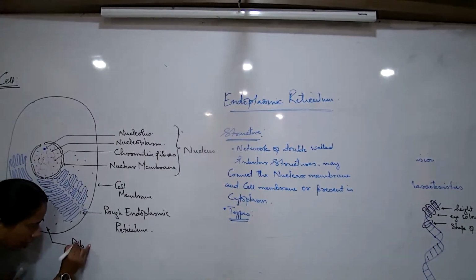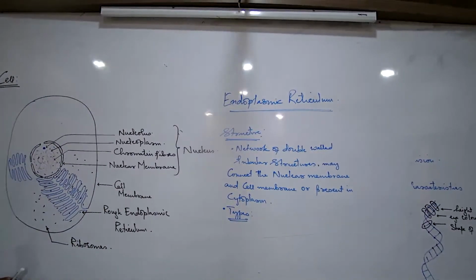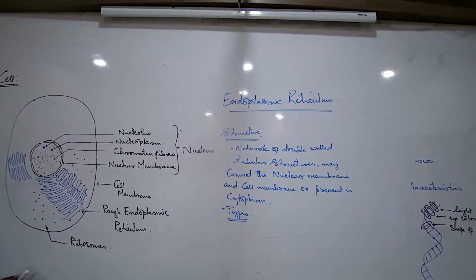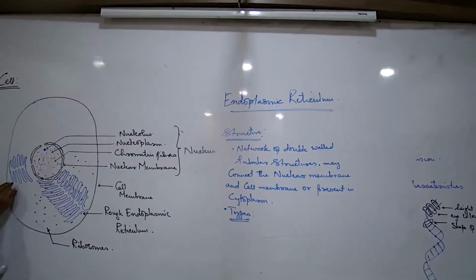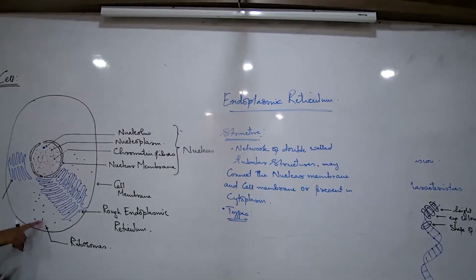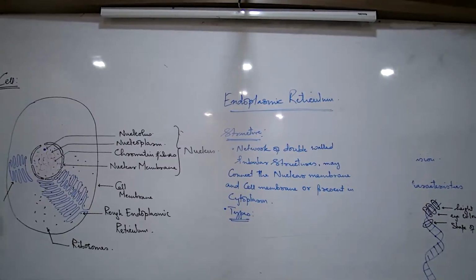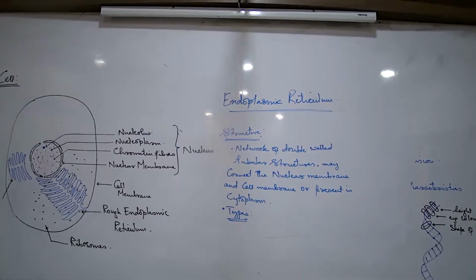These are known as ribosomes, which itself is another cell organelle, but a very small minute cell organelle. So, what is the other type of endoplasmic reticulum which does not have these granular structures? This type will be known as the smooth endoplasmic reticulum.